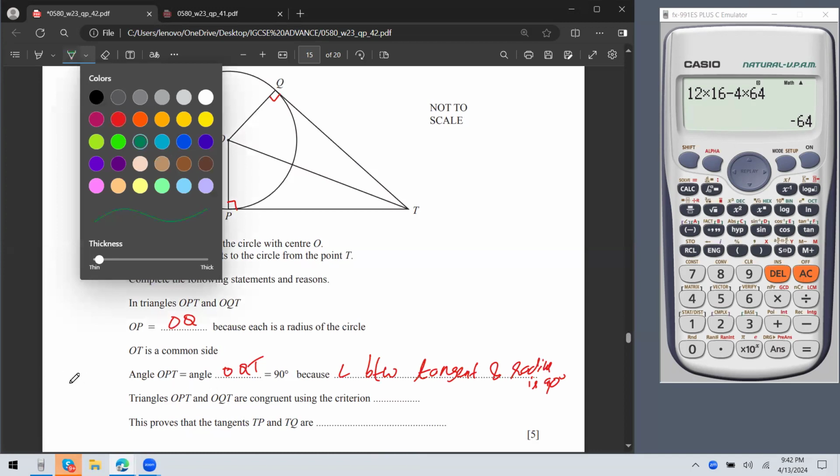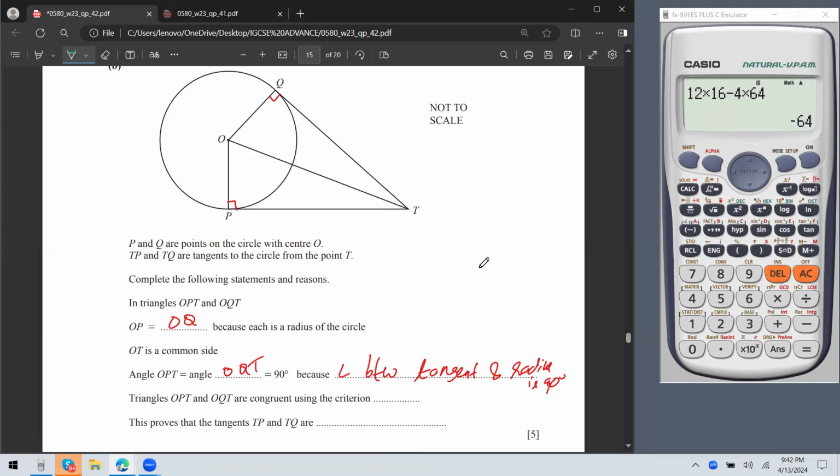Moving on, triangles OPT and OQT are congruent. Why? Which criteria? So we just now learned congruency. There is SSS, there is SAS, there is RHS, there is ASA. Which one can be applied here?